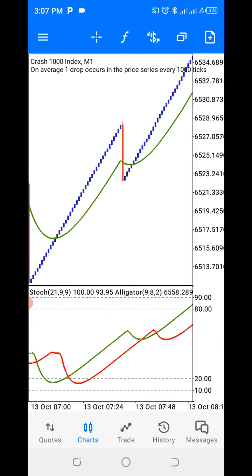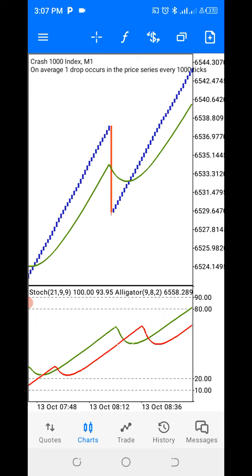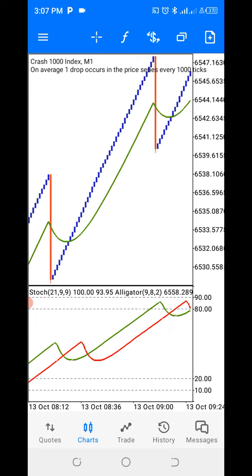Alright, we all know that for scalping Crash1000, that means we're going to be buying Crash1000 and selling Boom1000. The reason why the strategy works perfectly for these two pairs is that they are less volatile in terms of scalping. Understand my point?